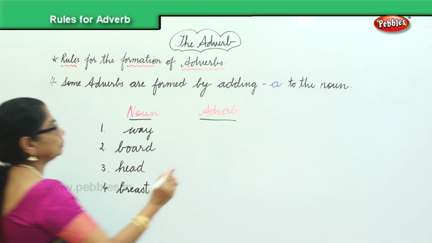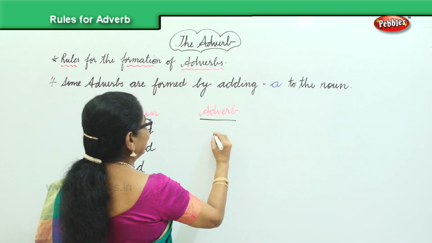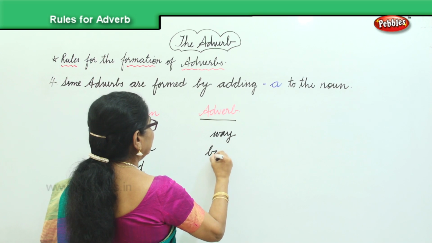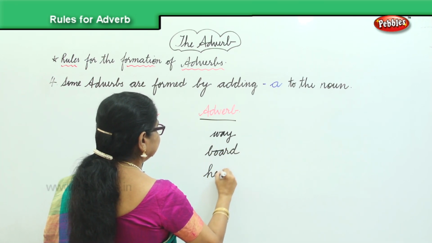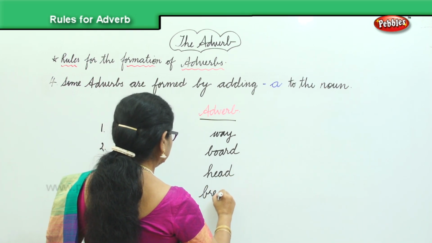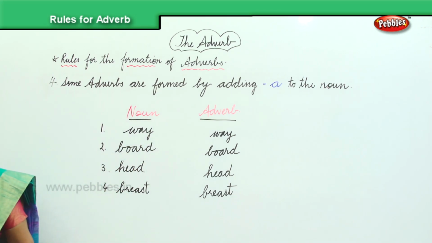Now, we are going to add a and make the adverb. Way, board, head, and breast. We are forming the adverb by adding a to the noun.